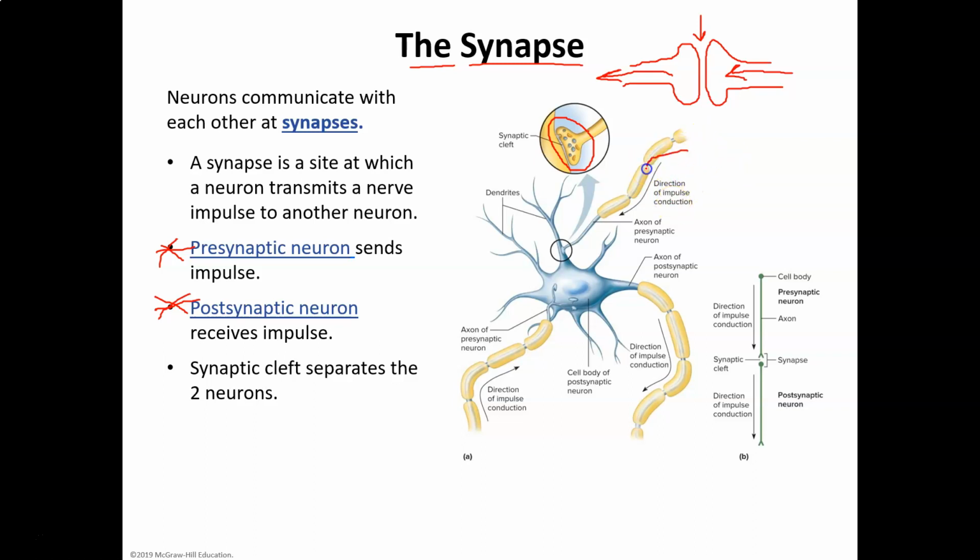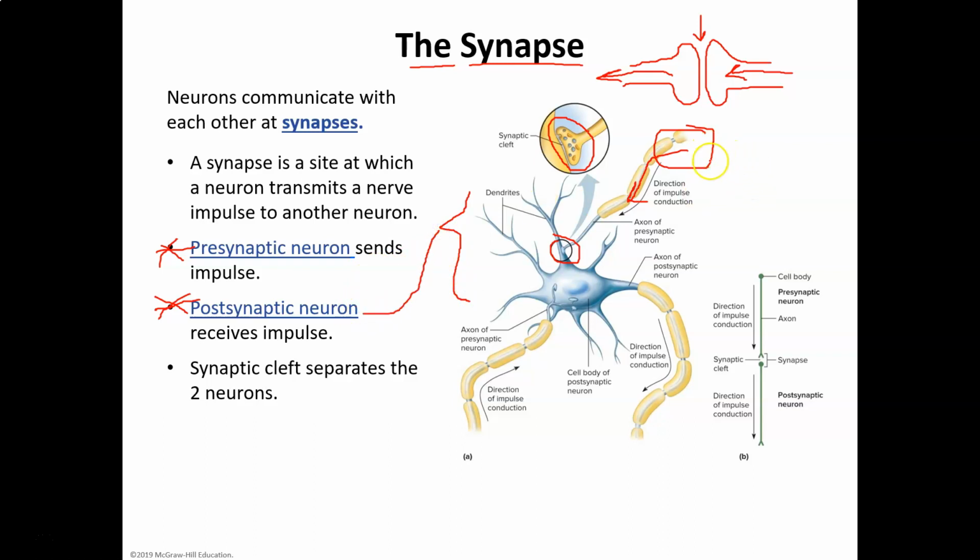So here is an axon. It's myelinated. It's bringing a signal into the next cell's dendrite. Here is the synapse. So we would say that this axon is presynaptic. Then we would say that all of this cell, all of that is postsynaptic. So that's the postsynaptic neuron.